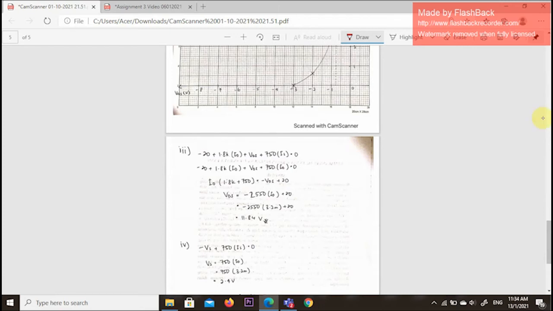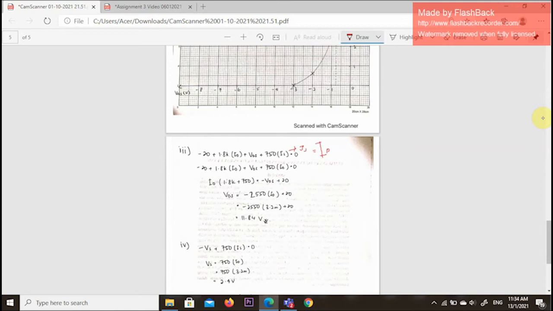IS, as we know, is equal to ID. So we can substitute into this equation the value we got from the graph just now.